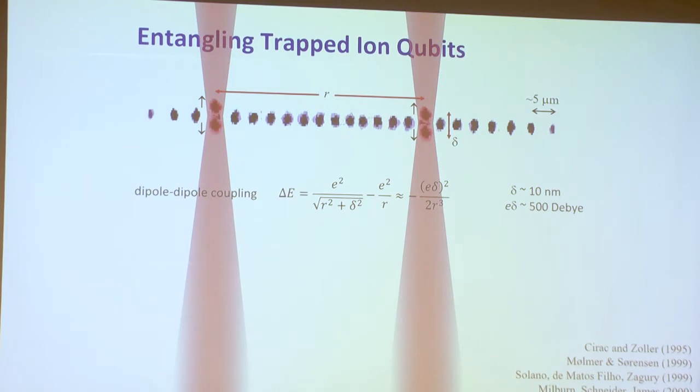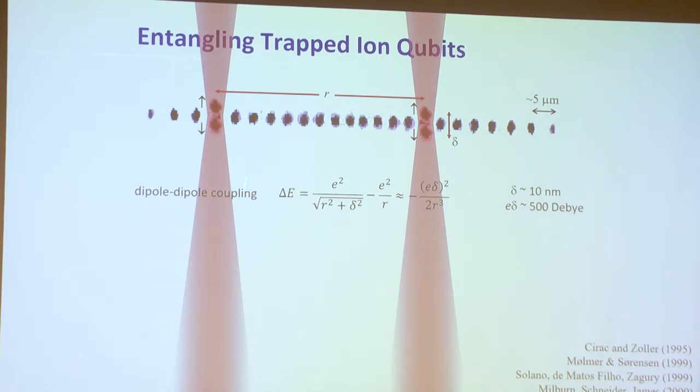So if we have two of these atoms, what happens when we apply this spin-dependent force to both of them? Well, if they're both spin up, they move up together. And if they're both spin down, they move down together. And in either case, their Coulomb interaction is unchanged. They move up together, down together, right? But if they're in different states, down up or up down, they're a little bit further apart because they're on this diagonal now.